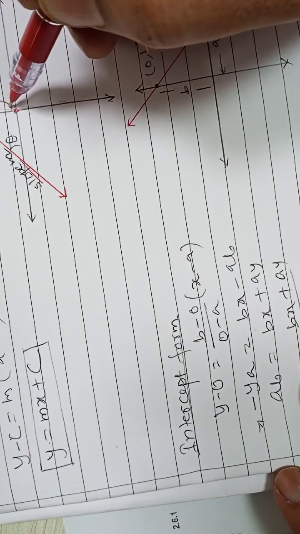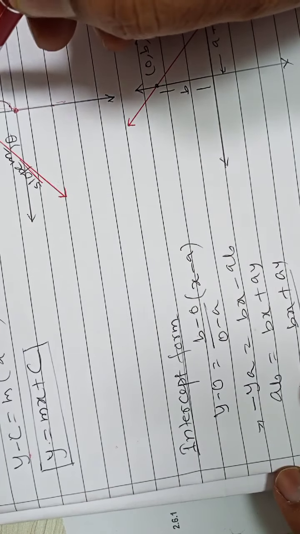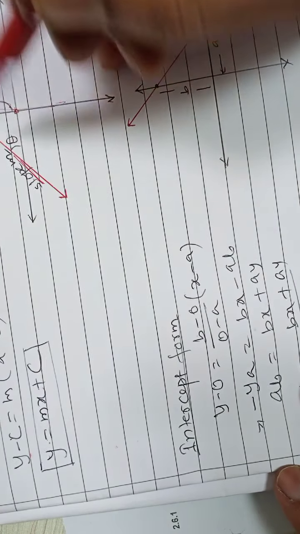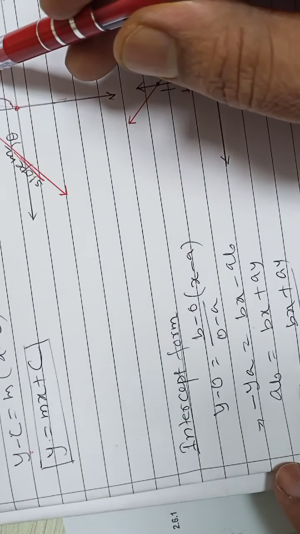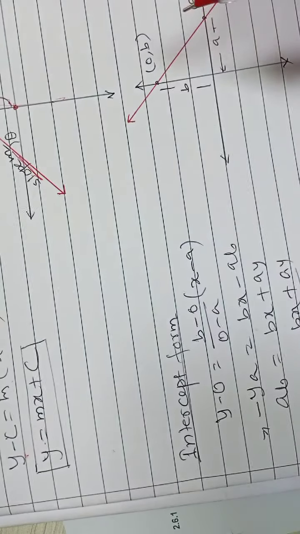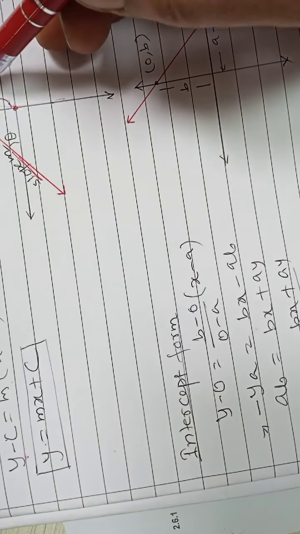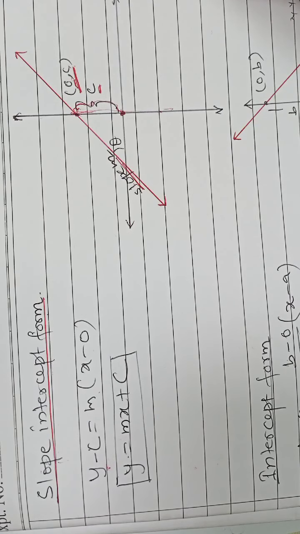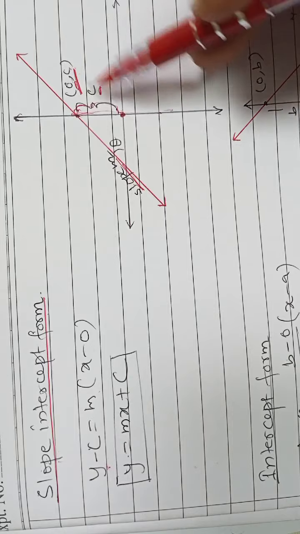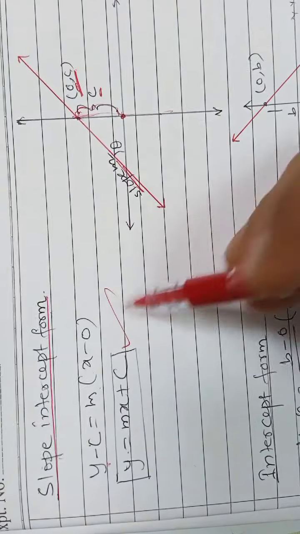This length is c, so this point is 0, c, and the slope is given as m. Then using the slope-point method, y minus y1 is equal to m into x minus x1, where x1 is 0. So this value is coming.